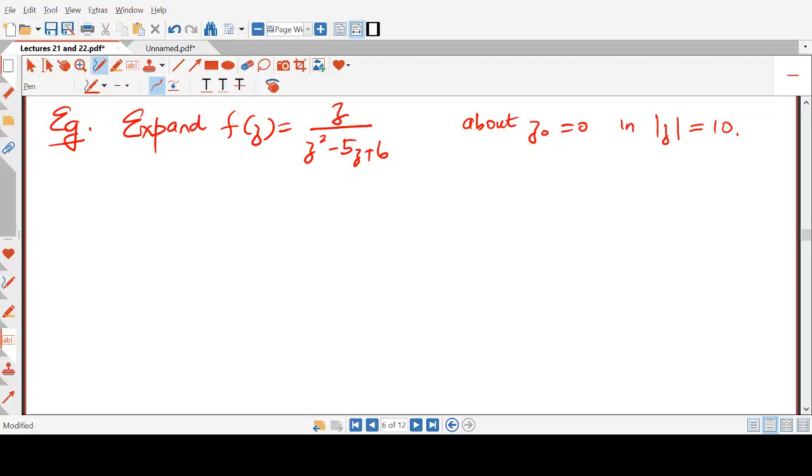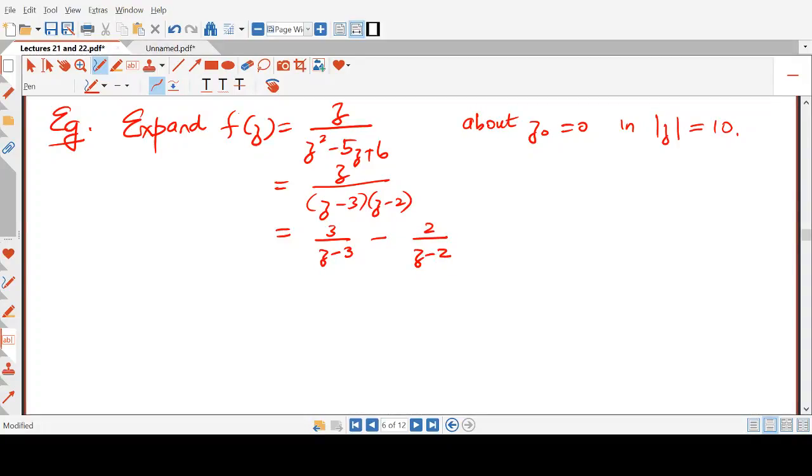Well, I can do it by differentiating it many times and so on, but there's a straightforward approach. We can write this as z over, let's factorize this, z minus 3 into z minus 2. And if I do the partial fractions, it'll be 3 over z minus 3 minus 2 over z minus 2.